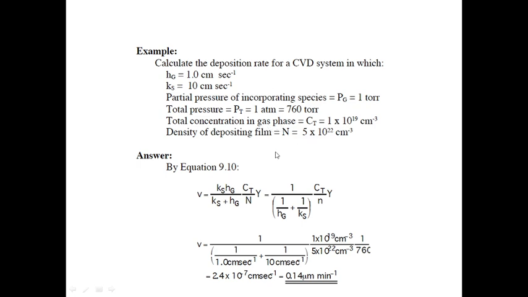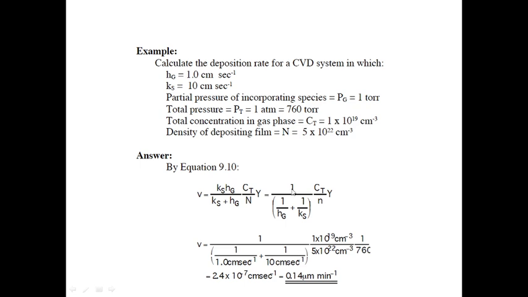Considering all these parameters, including the pressure in the chamber, the gas concentration, and the density of the film, all of these matter for knowing the amount of deposition happening per minute.